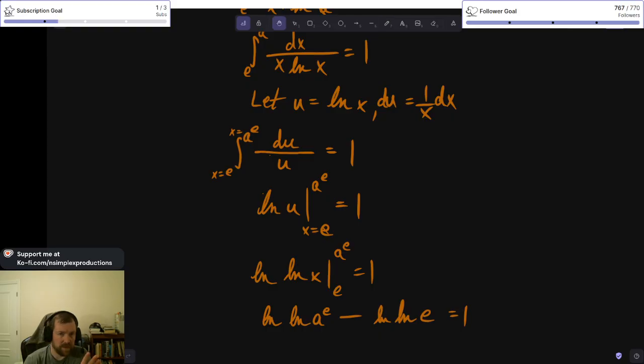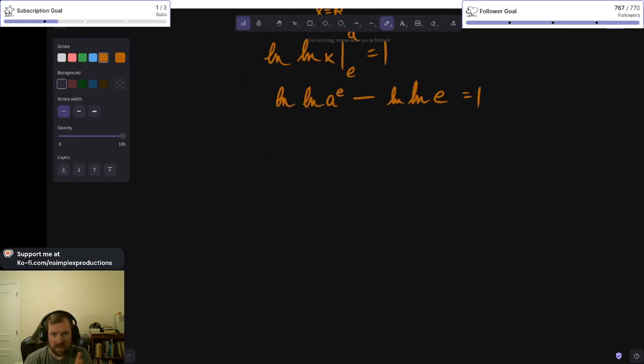All of that needs to be equal to 1. So how do we get a to do that? This is going to be the natural log of e times, parentheses, e times natural log a, minus the natural log of e, which is just 1. Natural log of 1 is just 0.